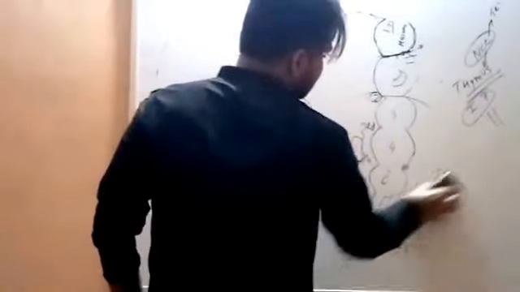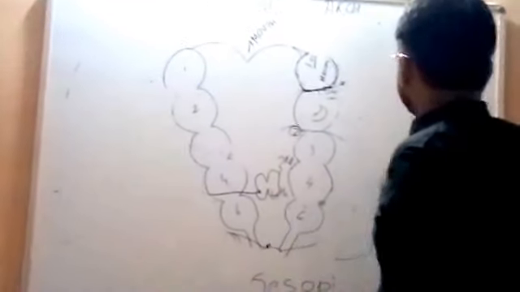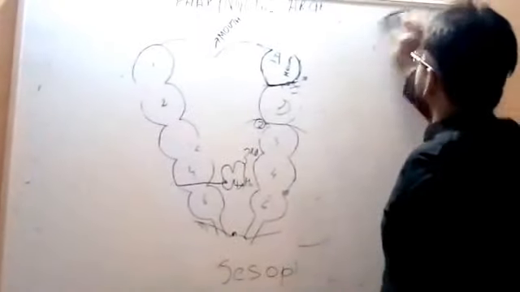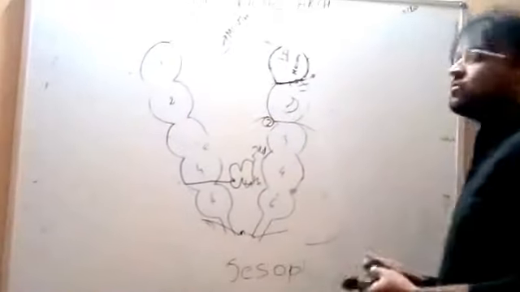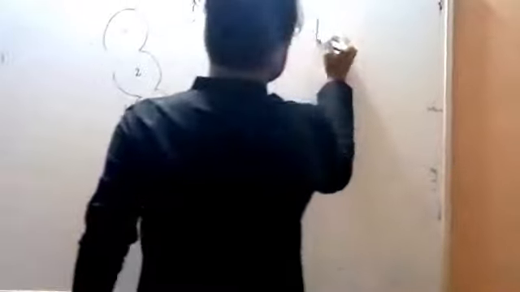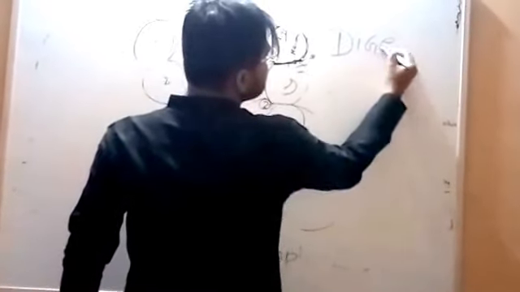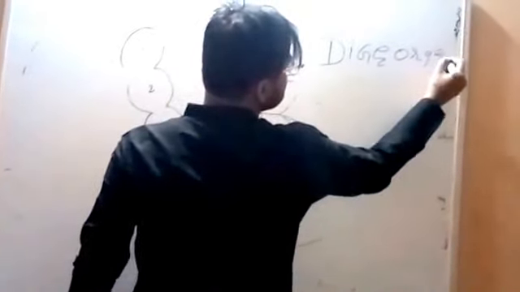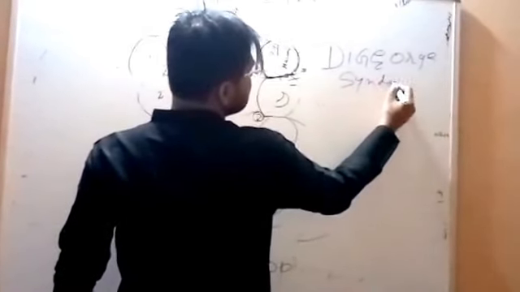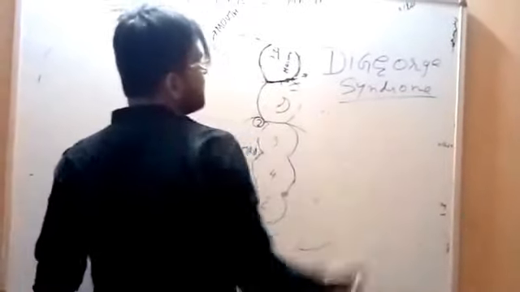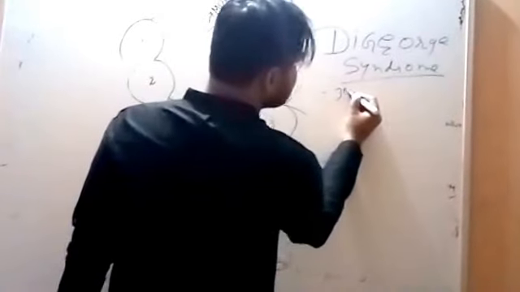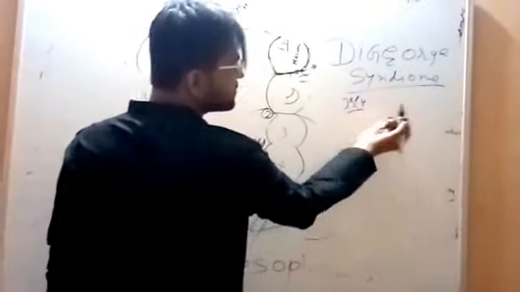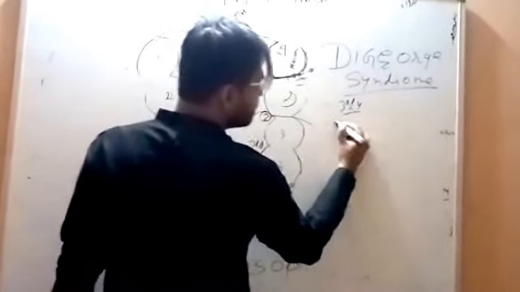Then there is one MCQ, that suppose there is no formation of third and fourth pharyngeal pouch, which syndrome does it give rise to? The answer to this is DiGeorge syndrome. And we can see that in DiGeorge syndrome, what is the abnormality? Third and fourth pharyngeal pouch. And what are the structures which are derived from third and fourth pharyngeal pouch?